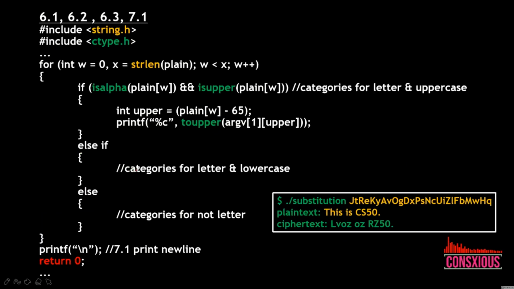This is a more detailed view. Include these two libraries. Create a loop here with the string length of plain, so this will go through each character. I have the categories: uppercase, lowercase, and not a letter. If uppercase, we use the formula as we explained just now. Take a T for example. The T converts to a decimal number, which we minus 65, so we get the sequence number for this uppercase.